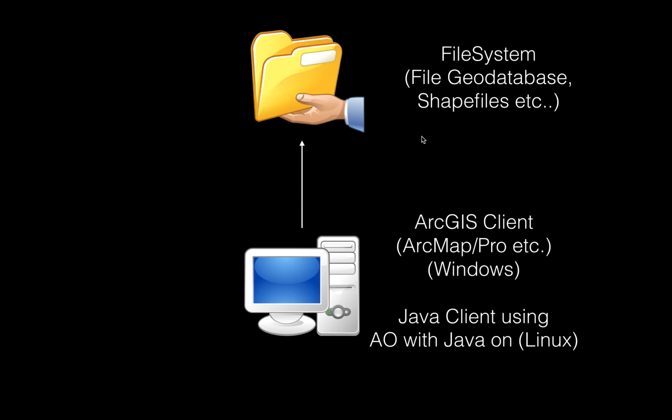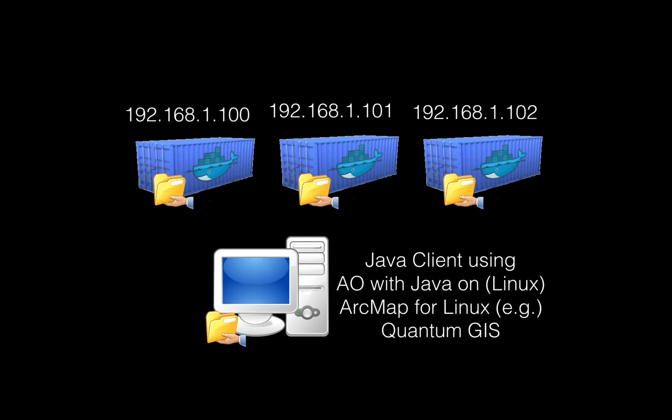So we discussed this and we discussed how we can apply Docker in this, right? We said that we will Dockerize the entire Linux repo with either Quantum GIS or ArcMap for Linux, which doesn't exist, by the way. It would be good if it existed, but it doesn't.